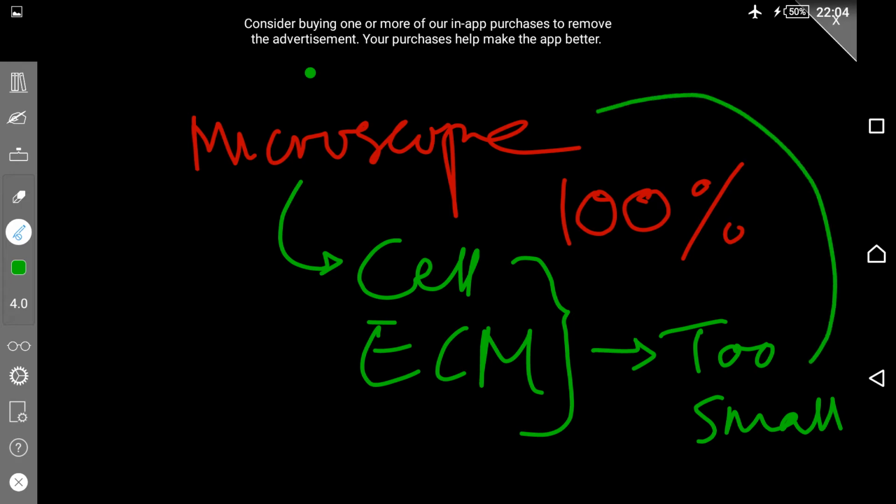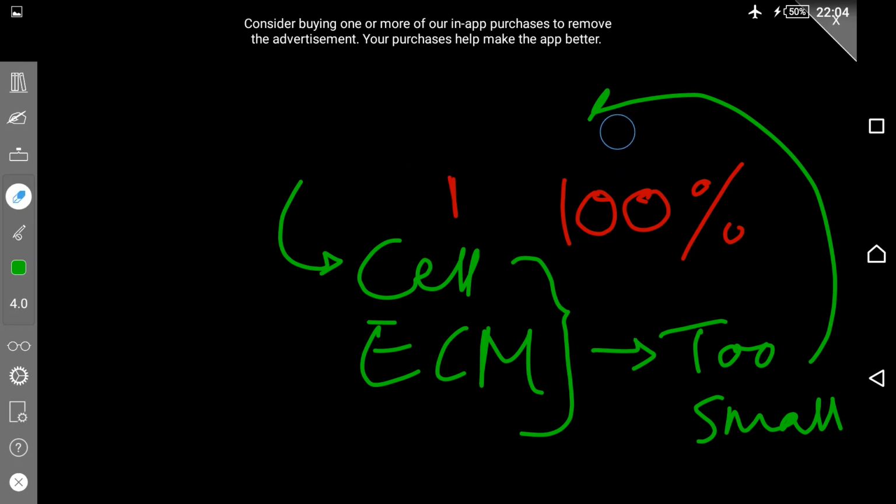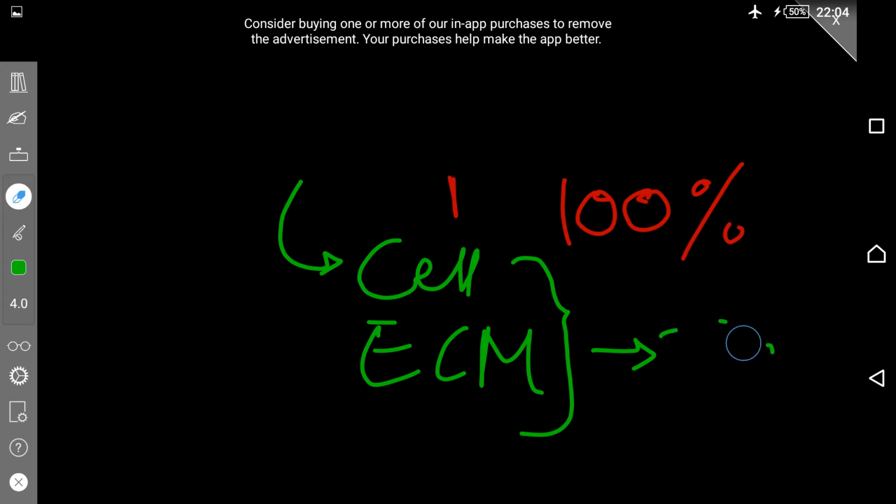Therefore, we need the microscope, and we need the assistance of the microscope to visualize these structures and to study them carefully and appropriately.